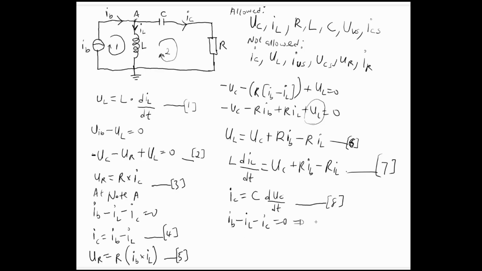So making the current through the capacitor the subject of formula, we have that IC is equal to IB minus IL.